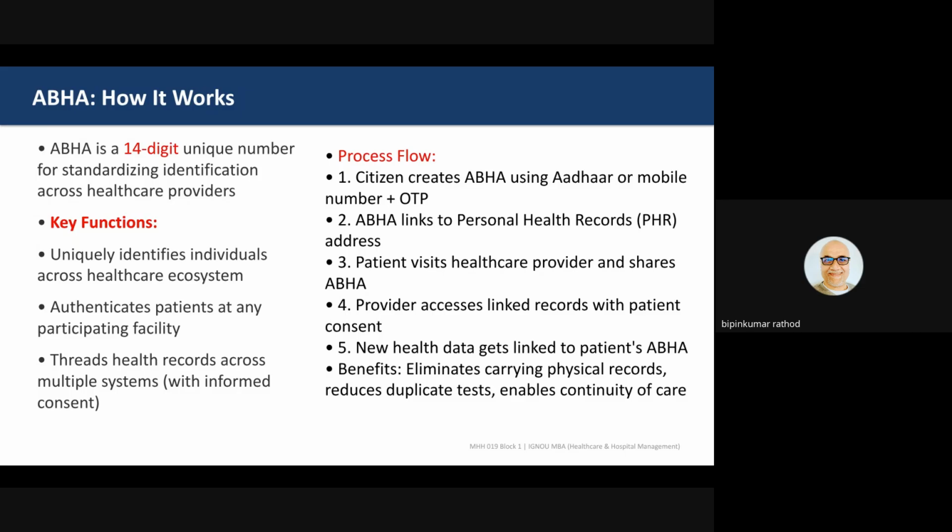You need two things with you. One is your ABHA ID. If you don't have an ABHA card, don't worry. You should have an ABHA number or a QR code, and your mobile with OTP. And then you can create your first personal health record on top of that.